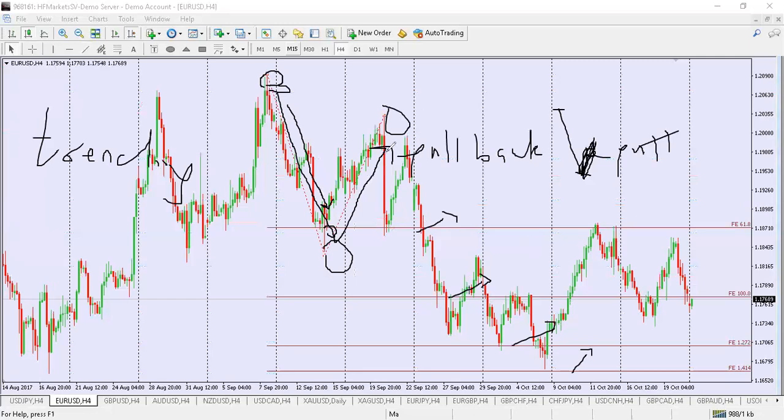So if you place a sell somewhere here, the points that we're looking at taking profit is this point, or that point. And you always place your take profit a few pips above the line.